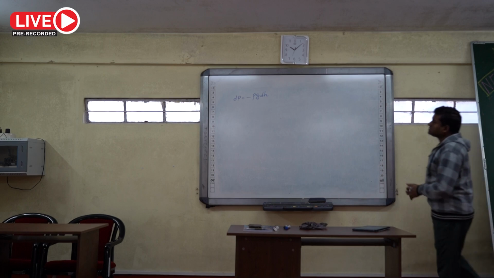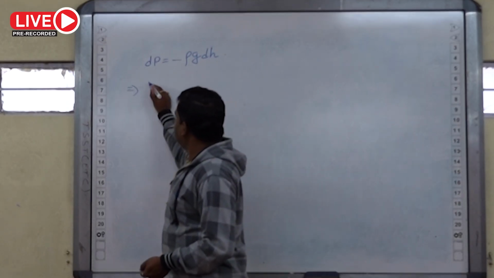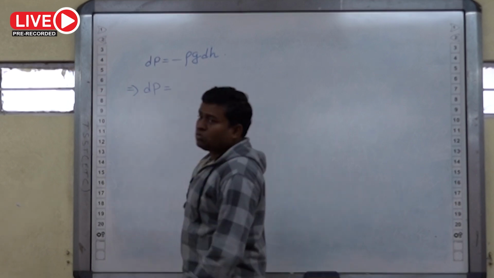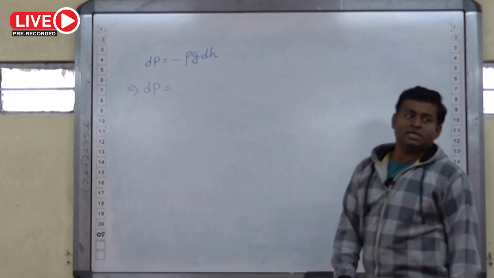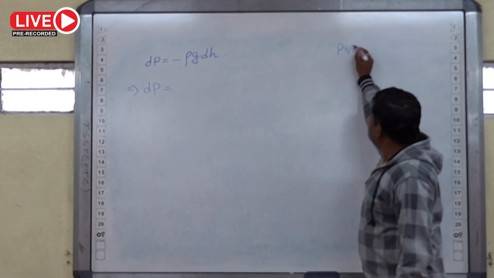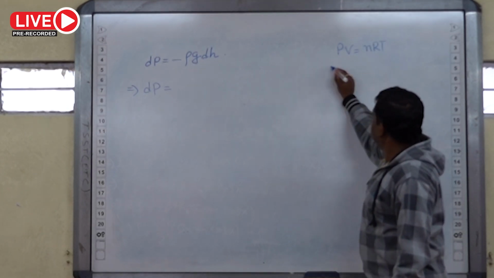Okay. Now here we can write dP equal to minus rho g dH. This rho we can convert into pressure, because we know PV equal to nRT.